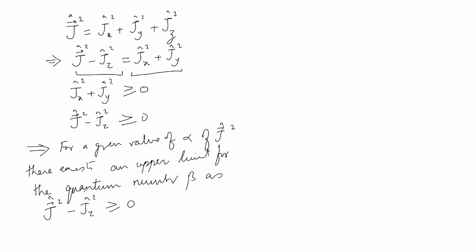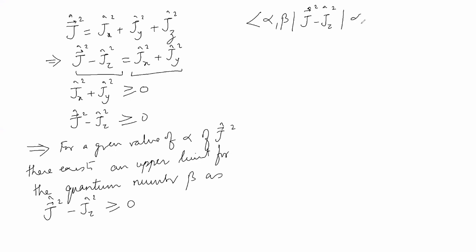That means the value of Jz would be constrained by the value of J square, implying that this value cannot exceed the value that we have for J square.